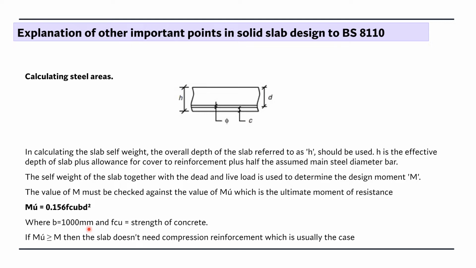Why? Because slabs are designed in series of 1 meter width, and fcu is referred to as the strength of the concrete. Now, if Mu is greater than or equal to M, then the slab doesn't need compression reinforcement, which is usually the case for slabs.